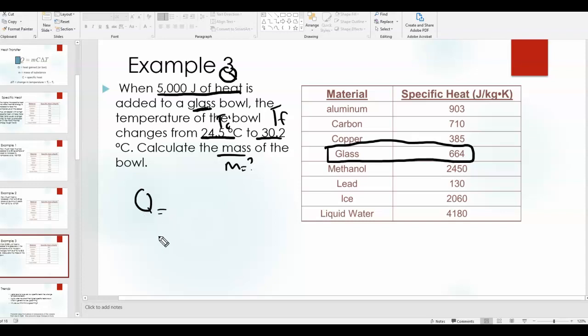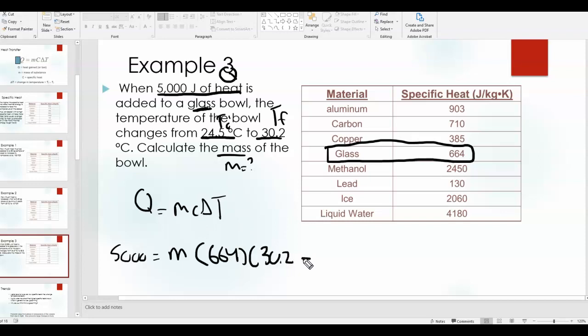So when I plug in, I have Q equals MC delta T. Q is 5,000. The mass is unknown. C is going to be 664 because it's made of glass. And for delta T, I have 30.2 minus 24.5. So don't forget delta T is always the final temperature minus the initial temperature.